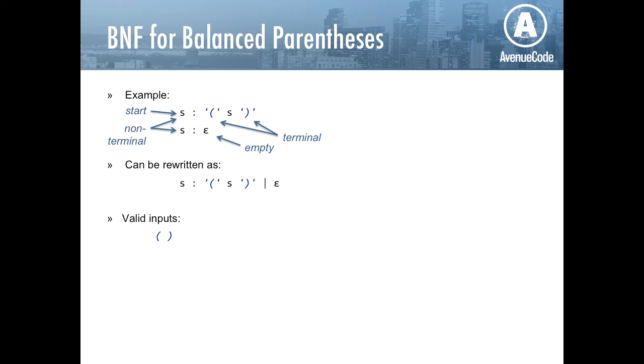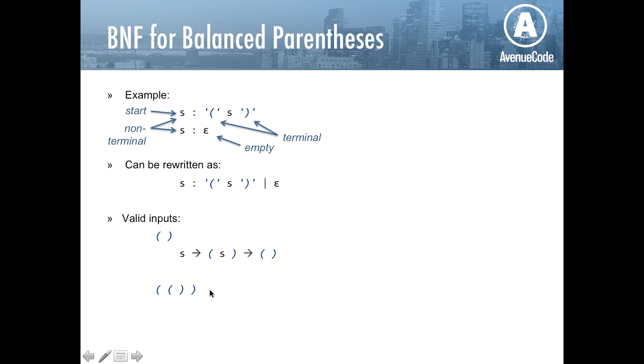So valid inputs according to this grammar are checked by starting at the start symbol and applying the production rules. So open parentheses, close parentheses can be checked by starting with S, applying the first rule, so we have open parentheses, S, close parentheses, and applying the second rule, replacing this S by empty.